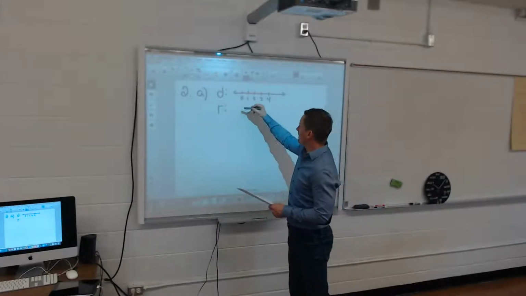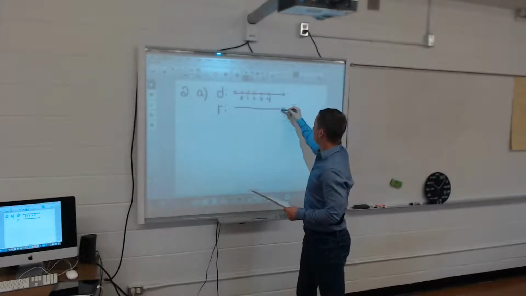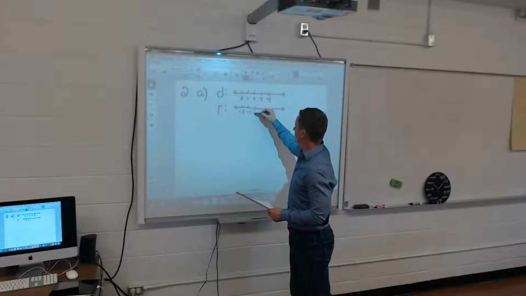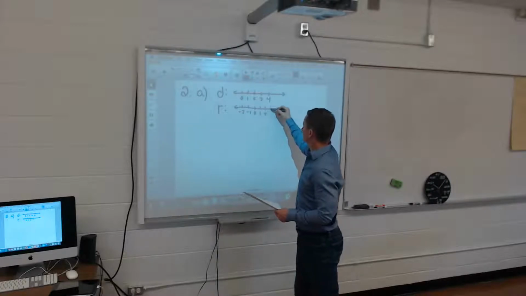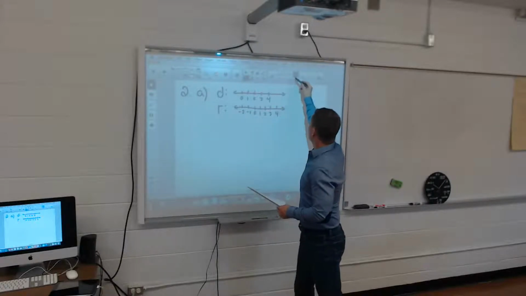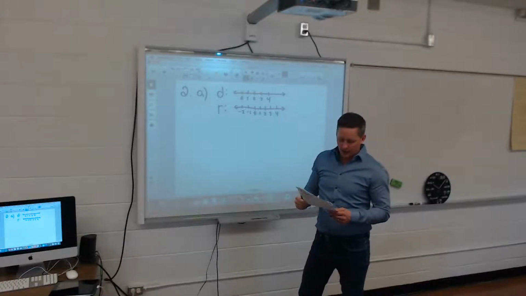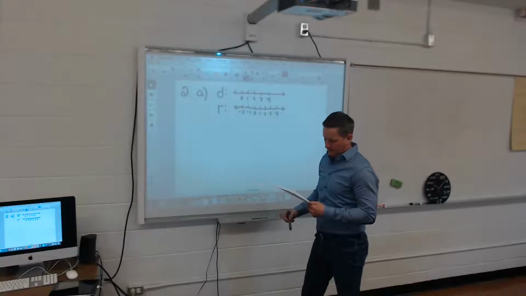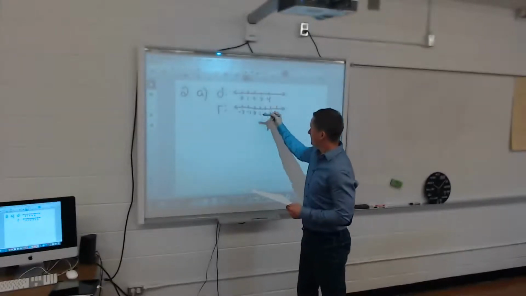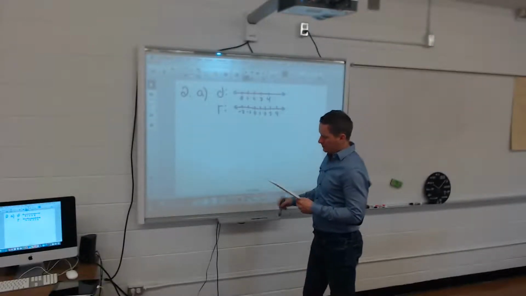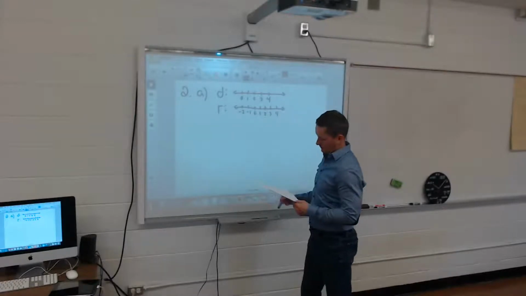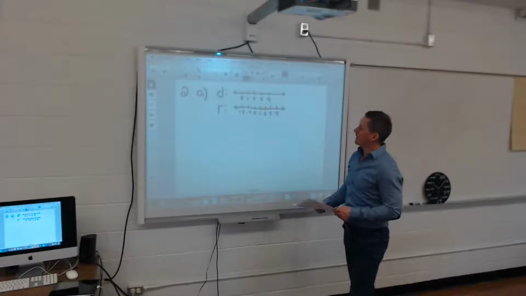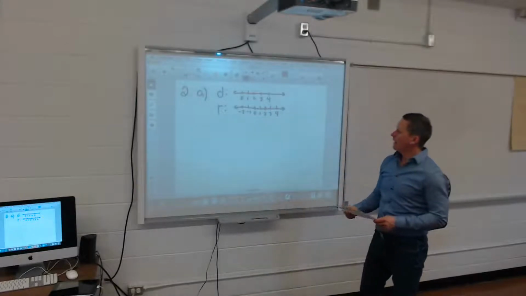The range for that graph is the y values. Looking at the y values, they are -2, 0, 2, and 4.